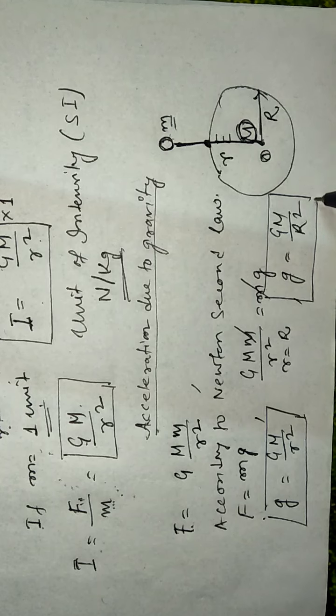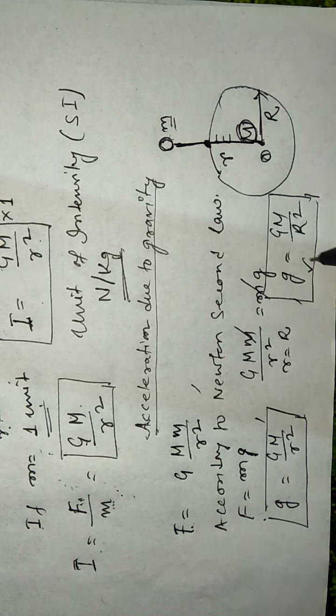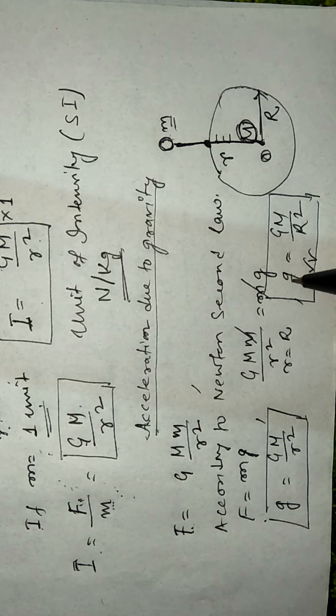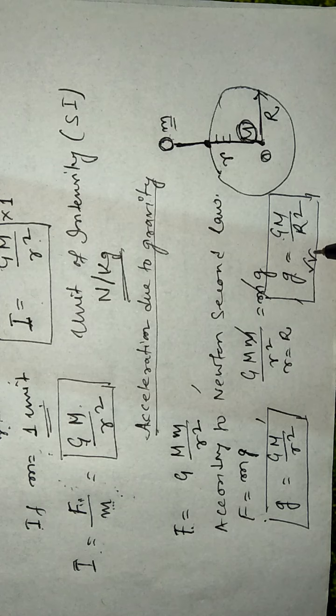The acceleration with which a body falls towards the center of the earth is known as acceleration due to gravity, and it is given by g equals GM divided by r squared. Let me repeat again. The force of attraction between the earth and any other body on it or near it is termed as gravity.